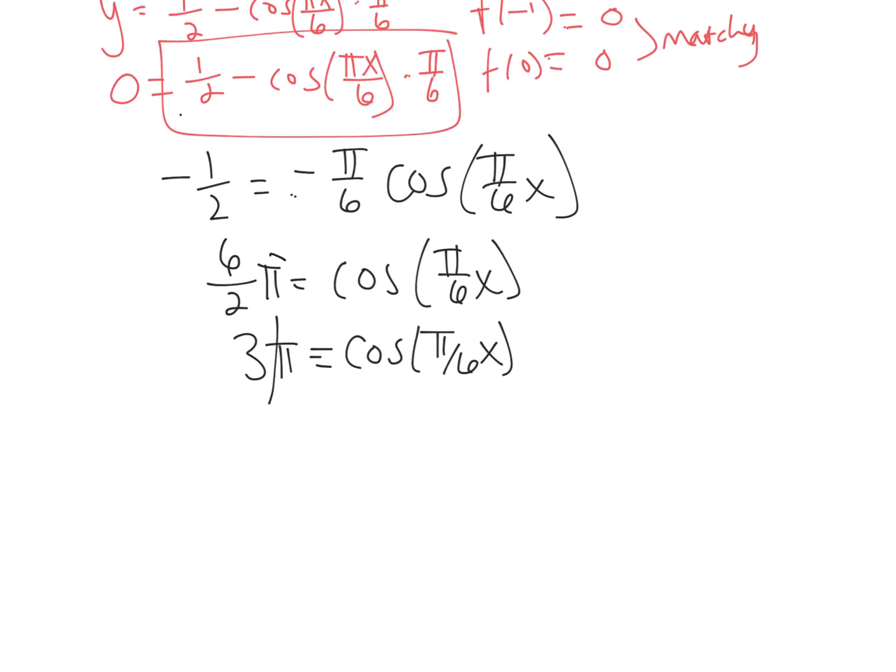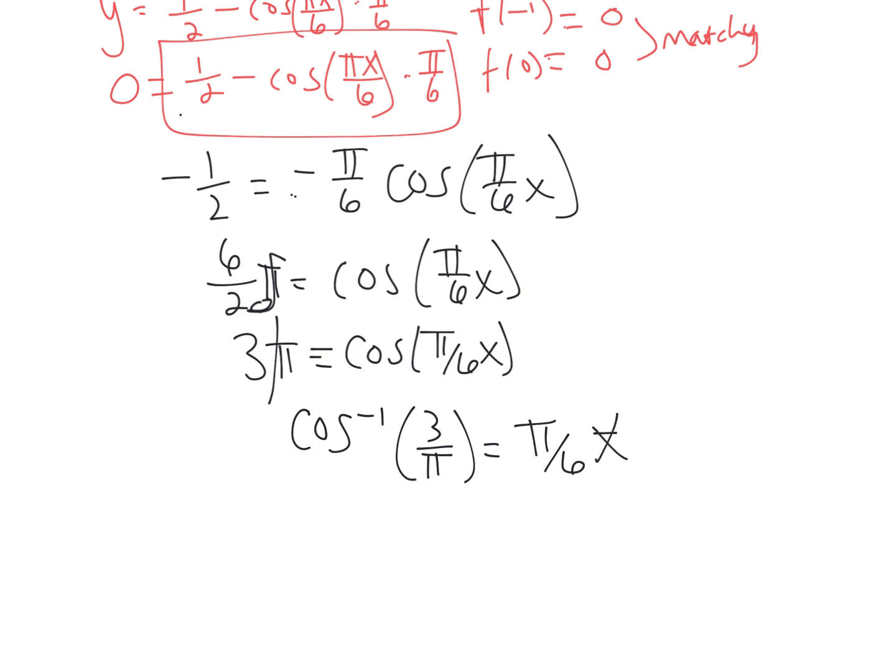And sorry, this pi should have been underneath the fraction, just so you know. So it is 3 over pi because you're doing 6 over 2 pi. But you could do inverse cosine in your calc of 3 over pi, get an answer, and multiply that answer by 6 over pi.